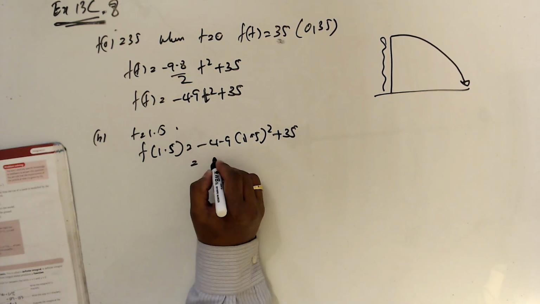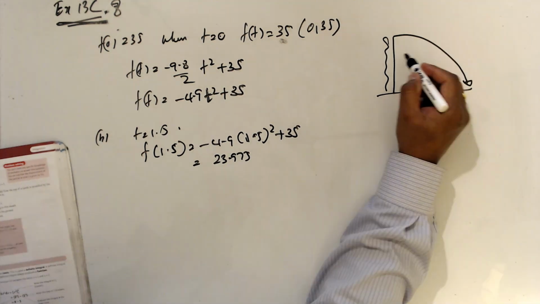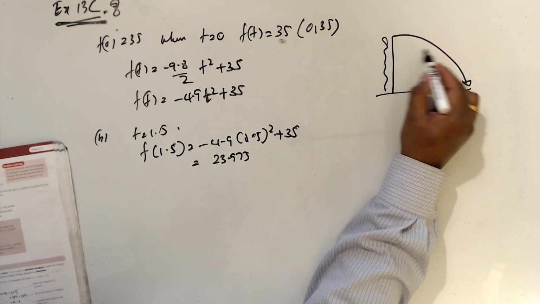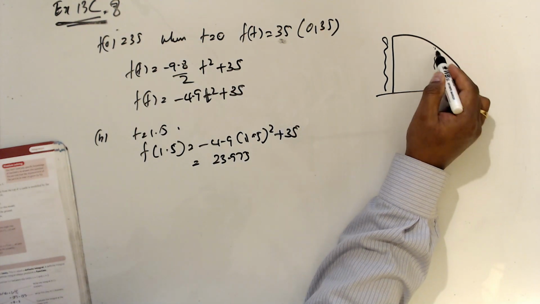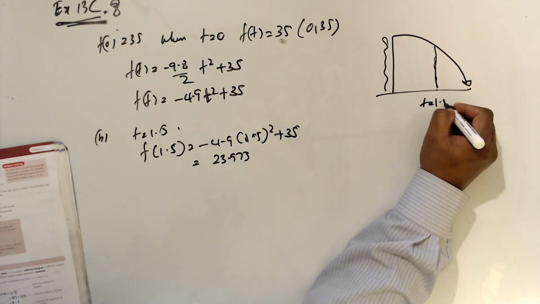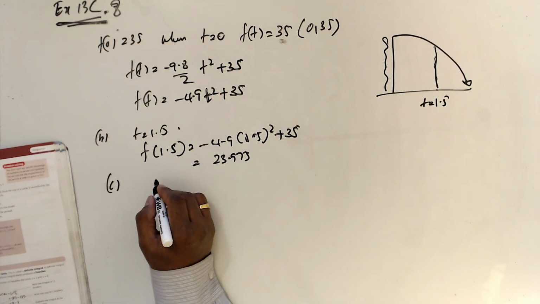So the answer is 23.975. That means after some time, this is the height when t equals 1.5. C. Write down the height of the castle according to the model.